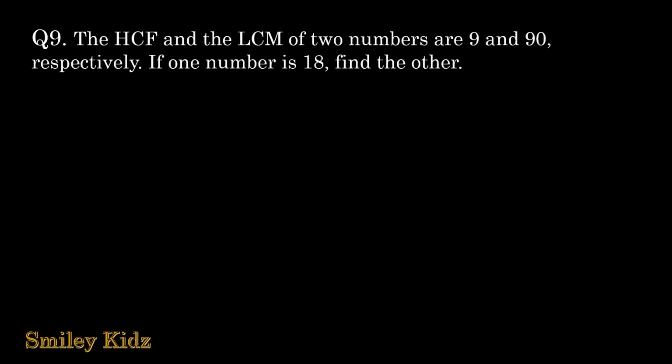Now, the HCF and LCM of two numbers are 9 and 90 respectively. If one number is 18, find the other. Now, for us, the given data is, let's write it down. LCM of two numbers.